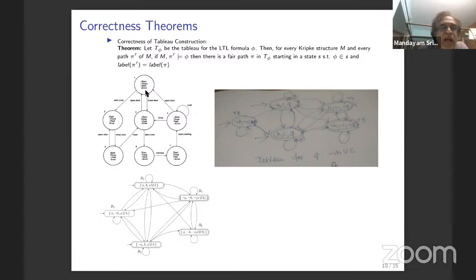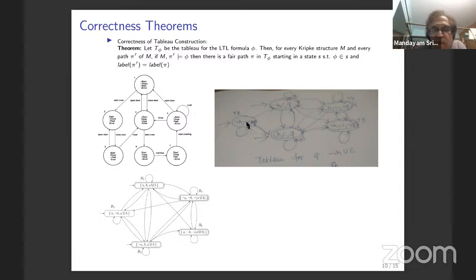And if you look at state 1 in the microwave example, there it is not immediately true, but there is a path from here to here, 1 to 3, where it becomes true. And after that, you can keep going back and forth.